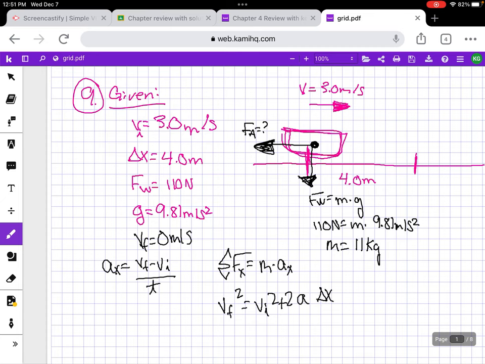So we know v final is 0 squared. v initial was 3.0 meters per second, squared. 2 times the acceleration we're solving for times delta x, which is how far we went, 4.0 meters.